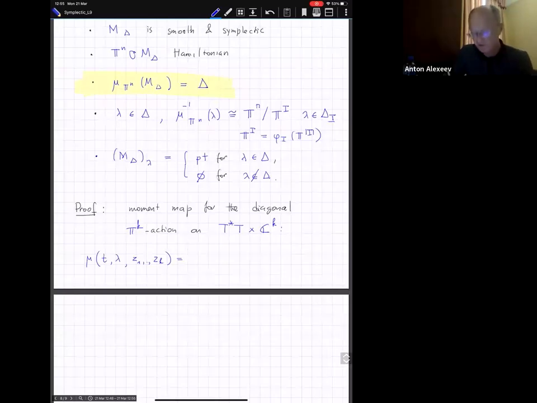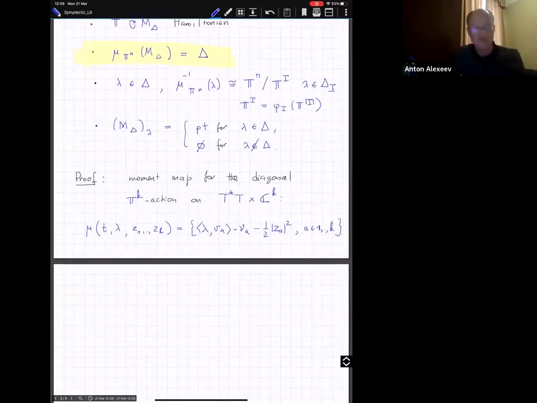There are K components, so I should describe K components. This is just the sum of moment maps for the cotangent bundle and for C^K. So I have lambda, v_A for the cotangent bundle, minus mu_A, minus 1/2 |Z_A| squared, and this is for all A. Right, so this is a K component moment map because we have a torus Tk, and these are components of that moment map.